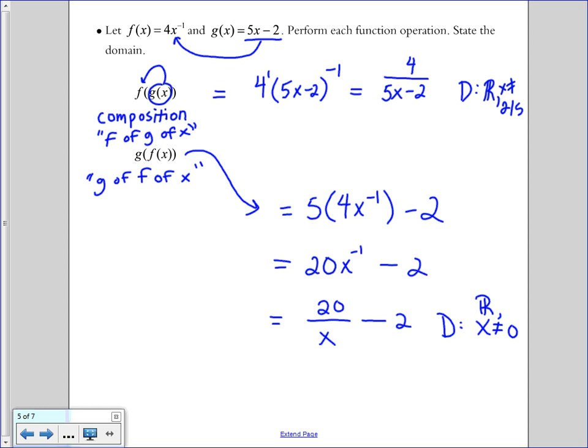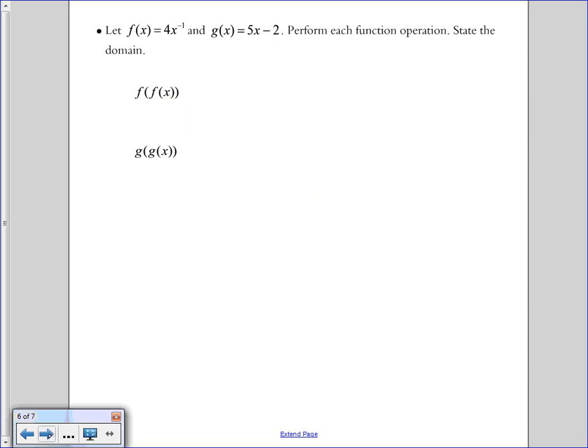And then the last thing you should note is that you can combine functions by actually putting one function inside of itself. So you can do a composition of functions by putting one function inside of itself. This would look like this: take the f function, set up an open parentheses where you see x, and rewrite the entire f function inside of itself. It looks more complicated than it is.